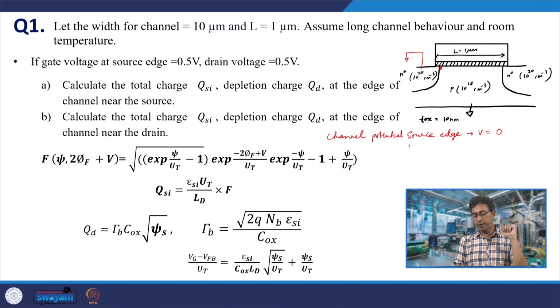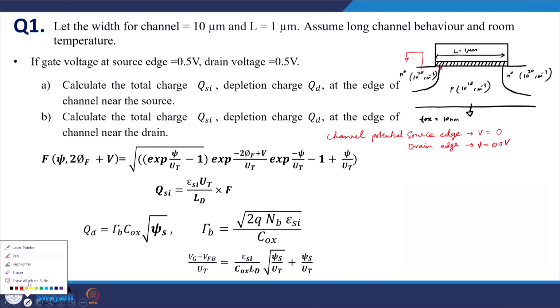And at the edge of the drain, because you have increased the drain voltage to 0.5 volts, this local channel potential would be 0.5 volts there. So, this adds to the surface potential.